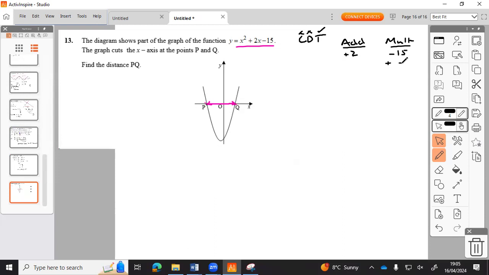To get a negative, it's going to be positive and negative, that's just a reminder. 1 and 15, 3 and 5. To get positive 2, it's going to be positive 5 minus 3. So factorize x squared plus 2x minus 15, and it's going to give me (x minus 3)(x plus 5).